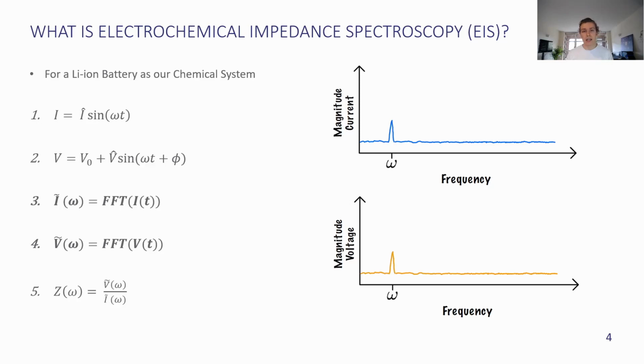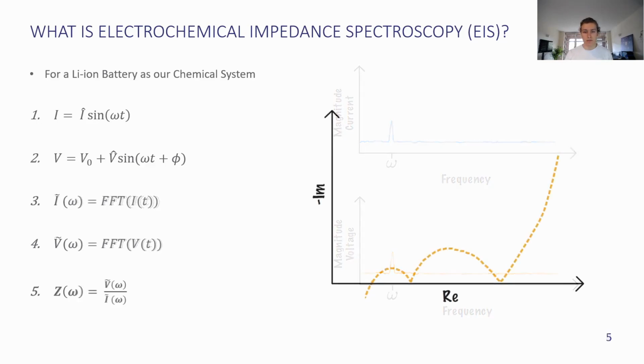And then if you divide the frequency domain voltage and current, you arrive at the frequency dependent impedance of the system.